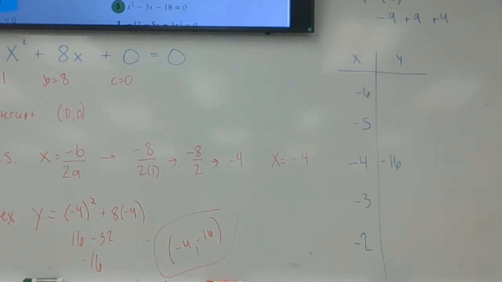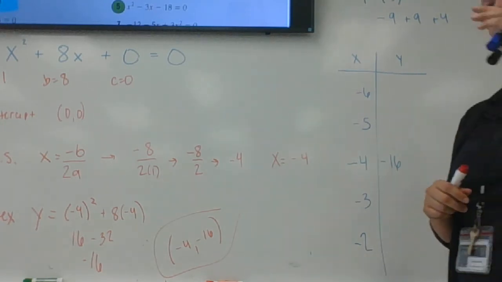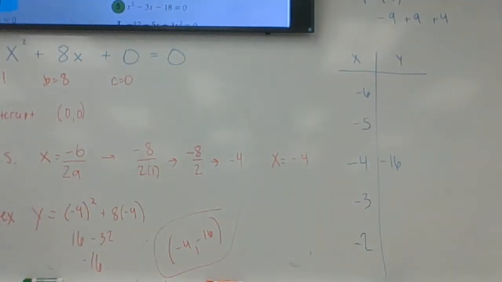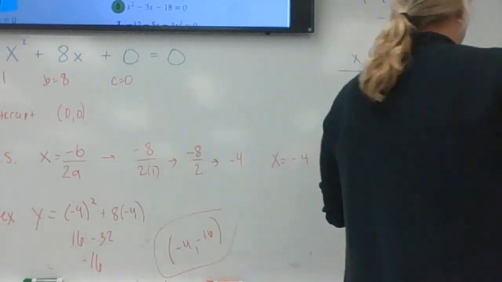Let's split it up. -6. Why don't Jahir and Jesus and Baden and your groups all plug in -6? Yeah. All right, you guys do -5 and you guys do -5. And then if you can get the right number out.